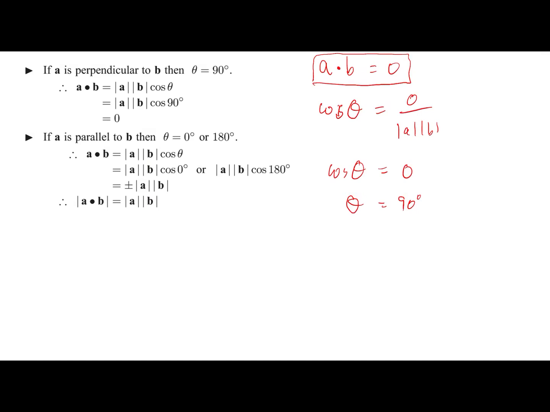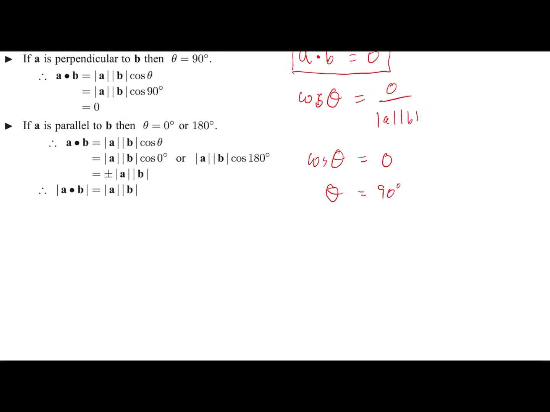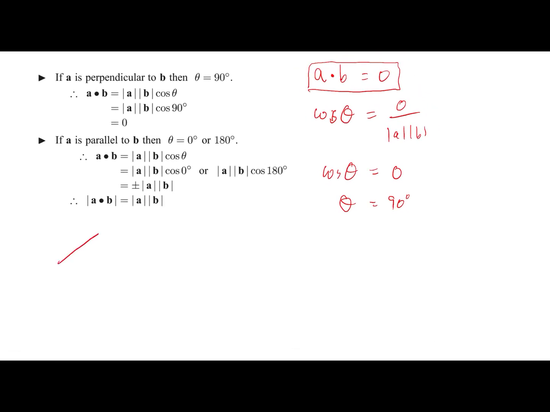And of course, also what will happen if you end up with two vectors that are parallel? Well, if two vectors are parallel, then the angle between them is 0. So you've got, just a simple rearrangement of the formula would say A dot B is equal to the magnitude of A times the magnitude of B times cosine of your angle.